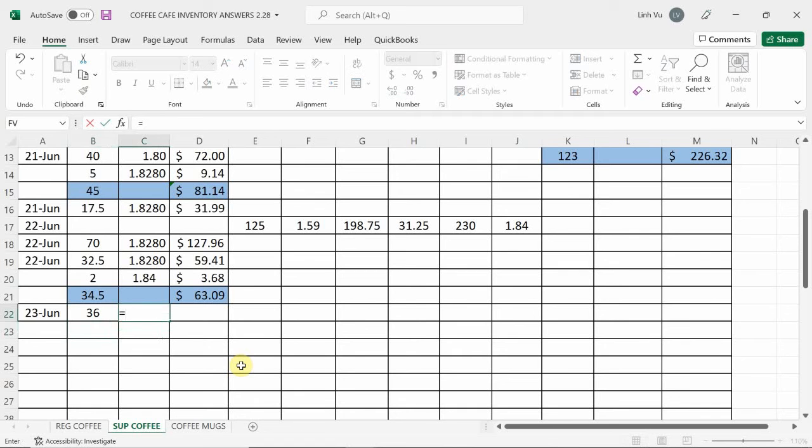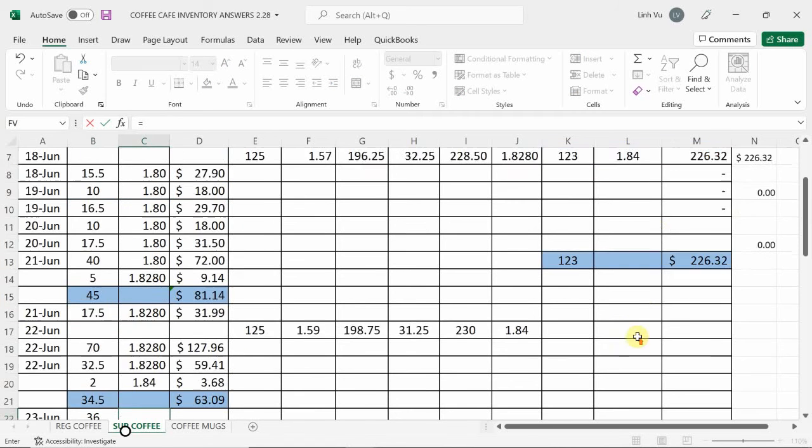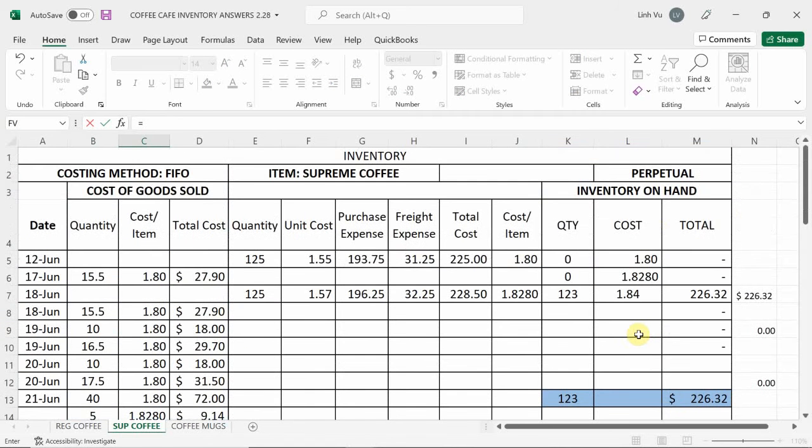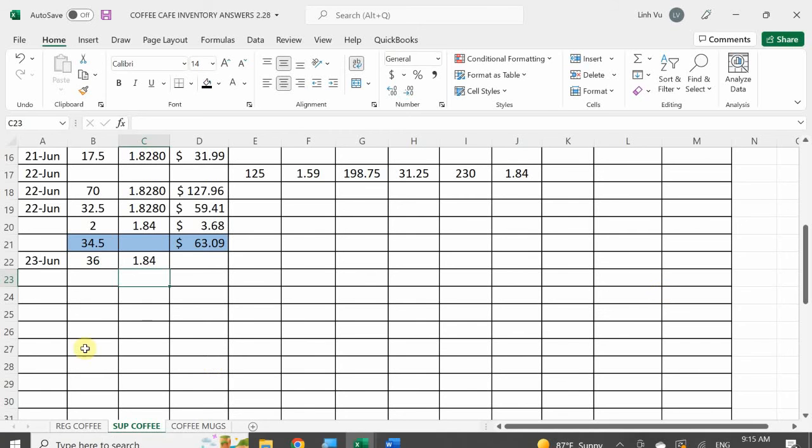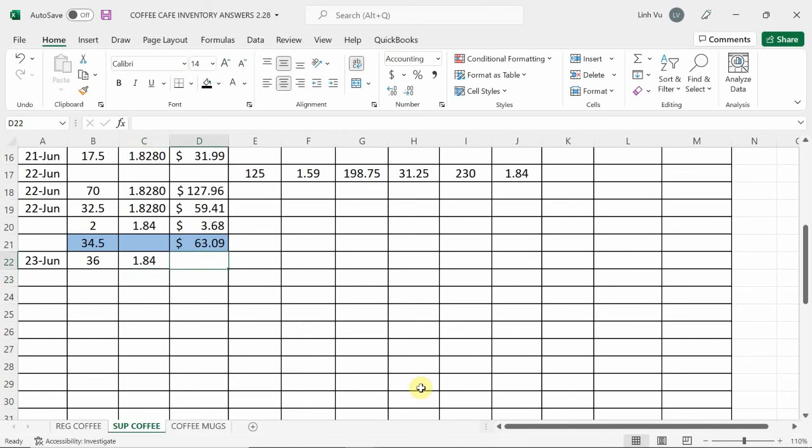In this case, we have only one batch of inventory, so how much is it going to cost me per item? It's going to cost me $1.84 per pound. So what is 36 times $1.84? What's my cost of goods sold?